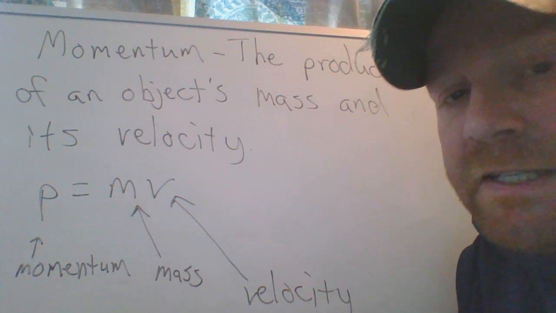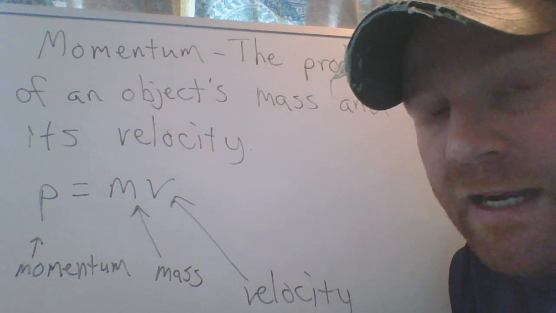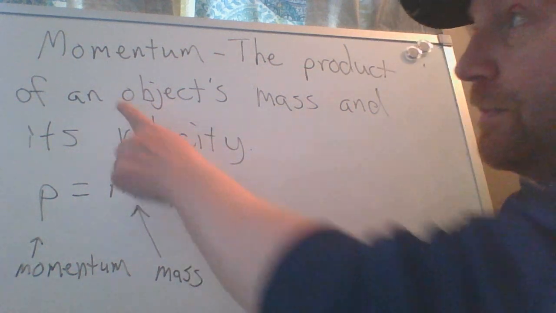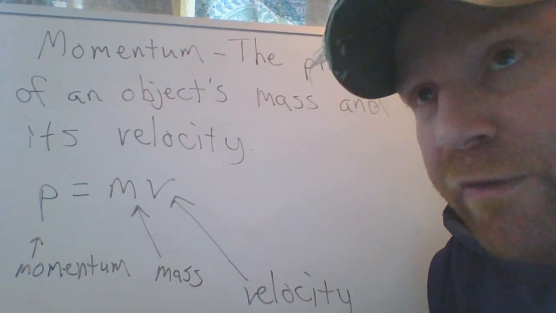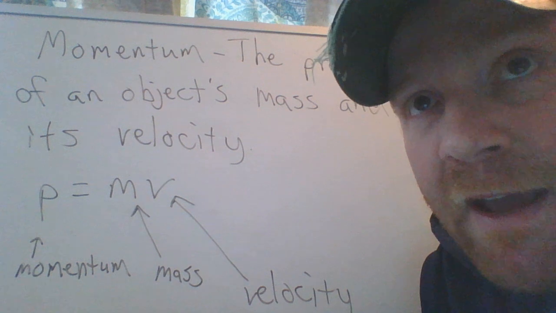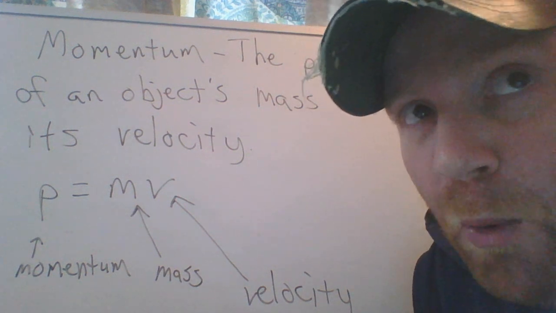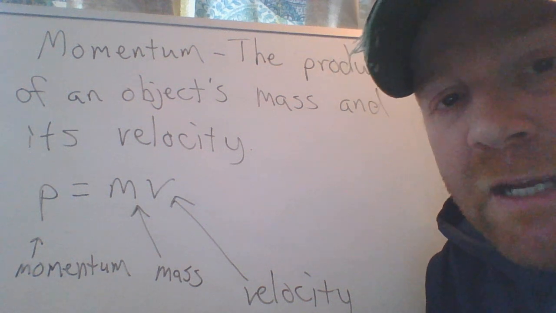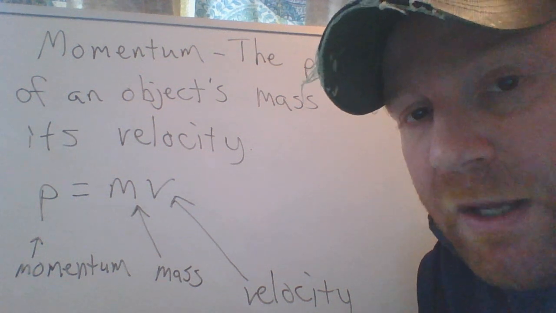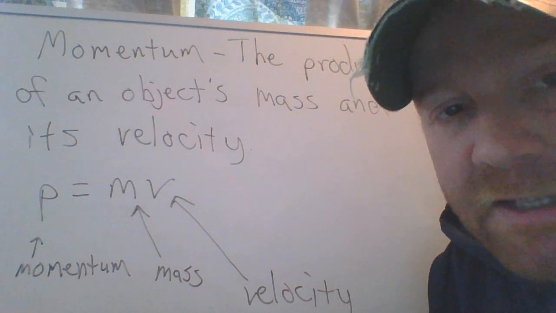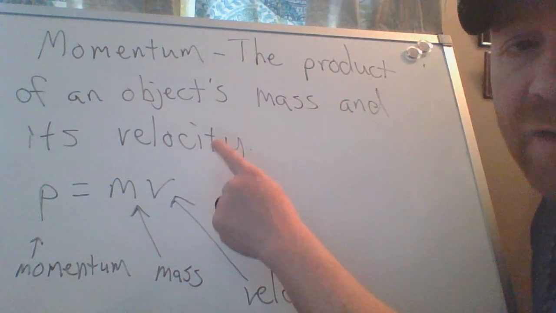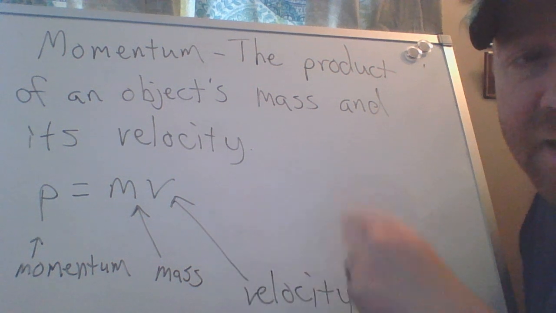The other concept that I wanted to introduce today is the concept of momentum. I'm sure you've heard the word before. As a sports fan, I always think about sports contests where one team gets the momentum over another team and the contest starts to swing the other way. In physics, here's the definition. It is the product of an object's mass and its velocity.